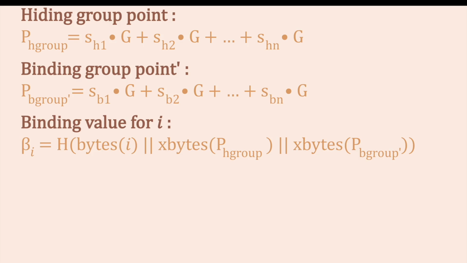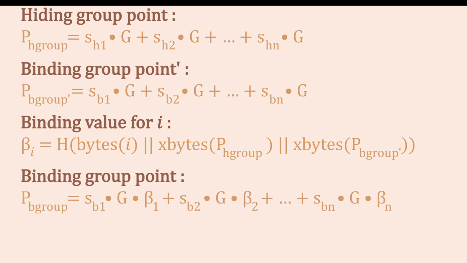It's a hash of the bytes E, the ETH for signer E, like say for the first, second, third, nth signer E. Bytes E concatenated by the hiding group point, concatenated by the binding pre-group point. And if you hash it, that gives you the well-known binding value.